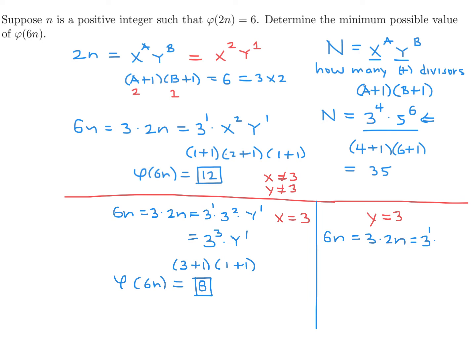So x to the power of 2, and then y is 3 to the power of 1. So this becomes 3 to the power of 2 times x to the power of 2. Using our system for the number of positive divisors, this is going to be 2 plus 1 times 2 plus 1, which is 3 times 3, which is 9. So now my symbol 6n is 9.